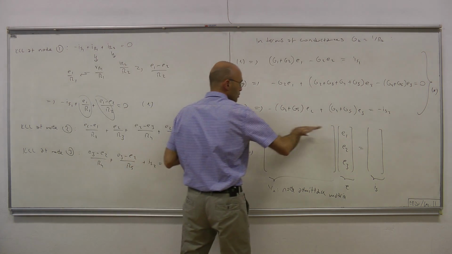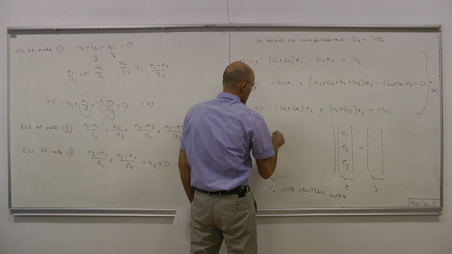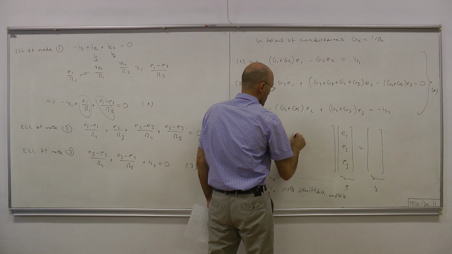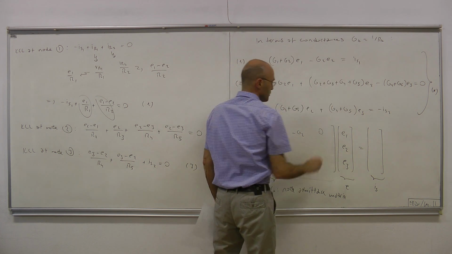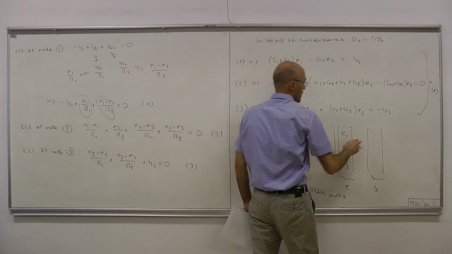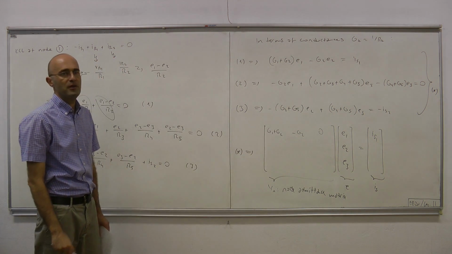For the first row, we look at the first equation. Okay. So we have G1 plus G2 for E1, minus G2 for E2. We have no E3 term. That means that entry is 0. And on the right hand side, we have IS1. Okay, so that's the first row of our matrix formulation.